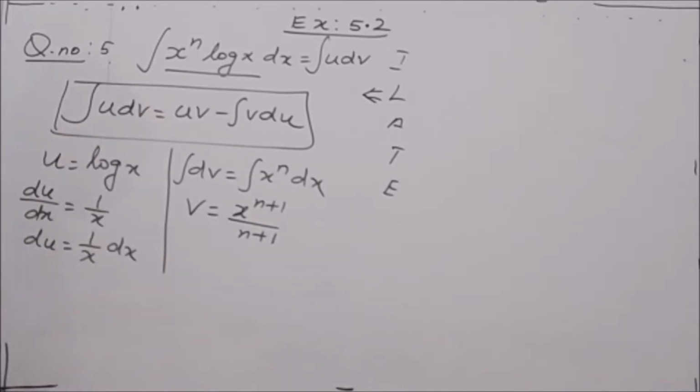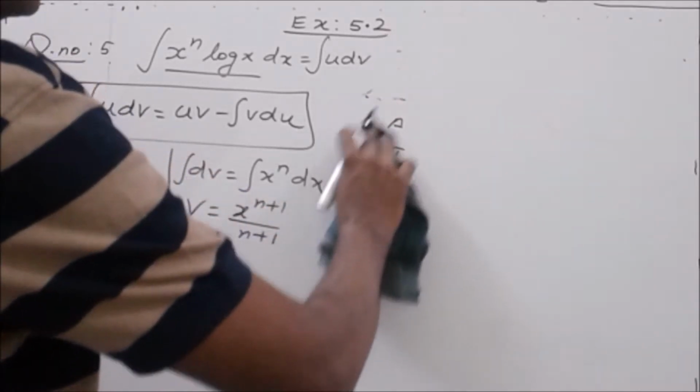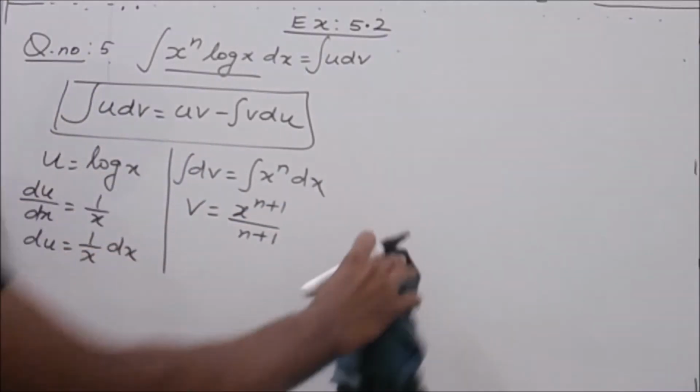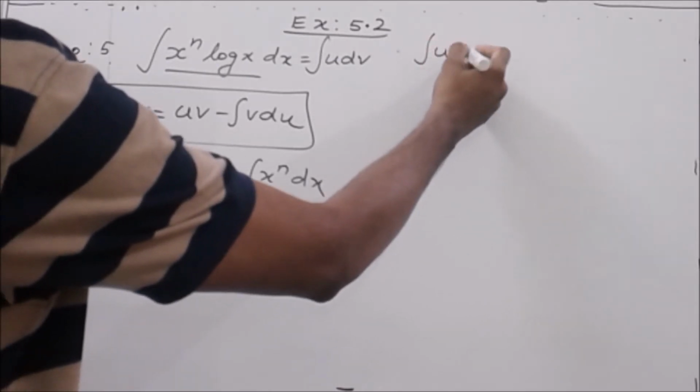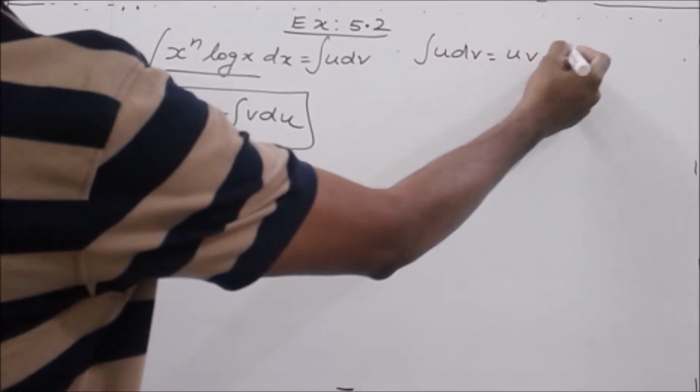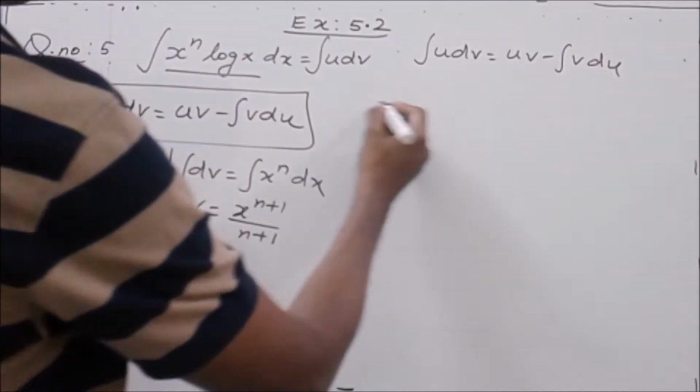Applying the above formula, integral u dv equal to uv minus integral v du.